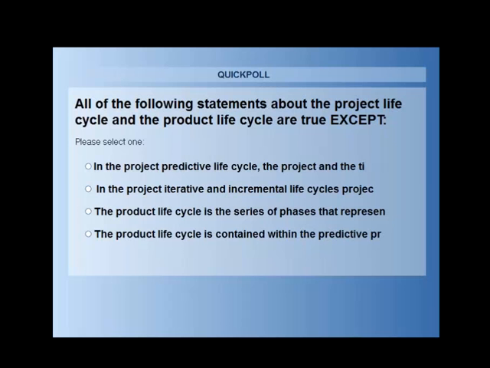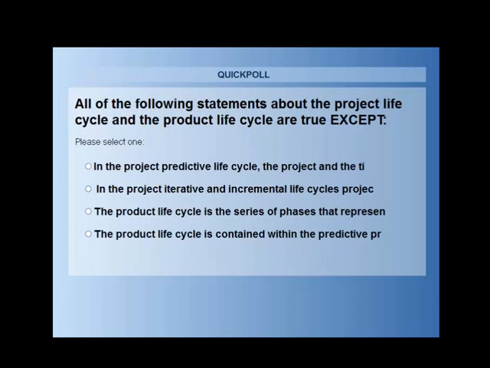So very quickly again, all the following statements about the project lifecycle and the product lifecycle are true except. In the project predictive lifecycle, the project scope and the time and cost required to deliver that scope are determined as early in the project lifecycle as practically possible. That's true. In the project iterative and incremental lifecycle, project phases intentionally repeat one or more project activities as the project team's understanding of the product increases. That is correct.